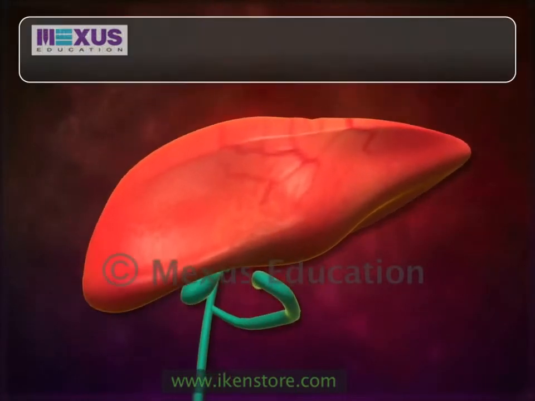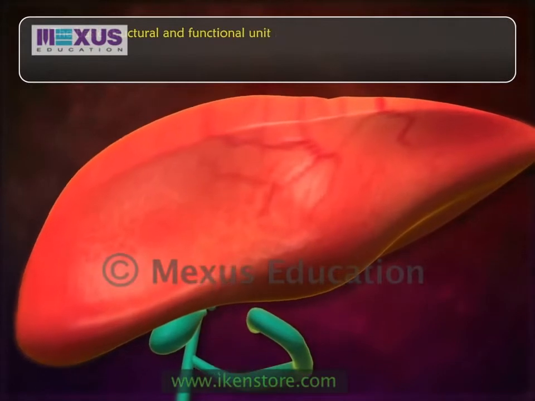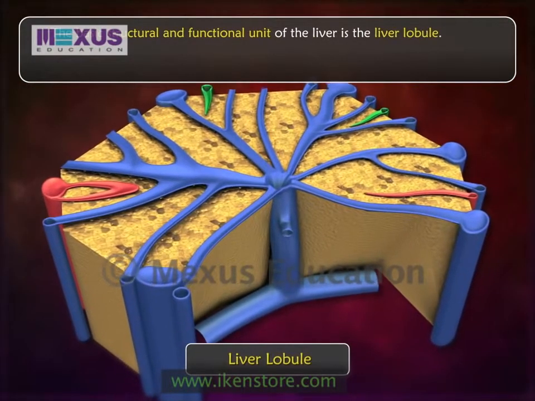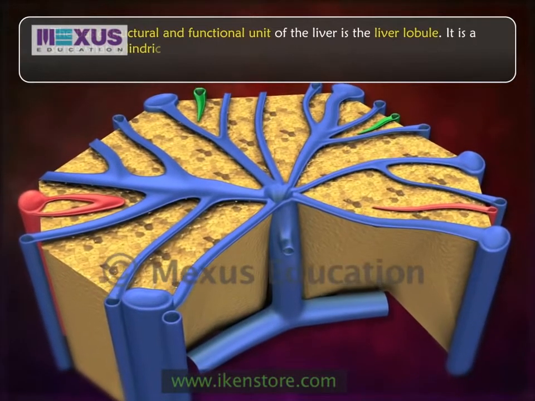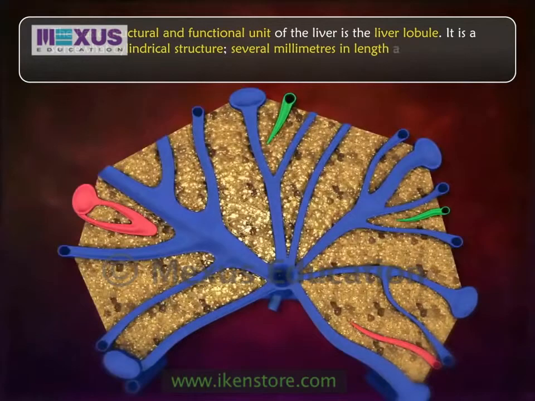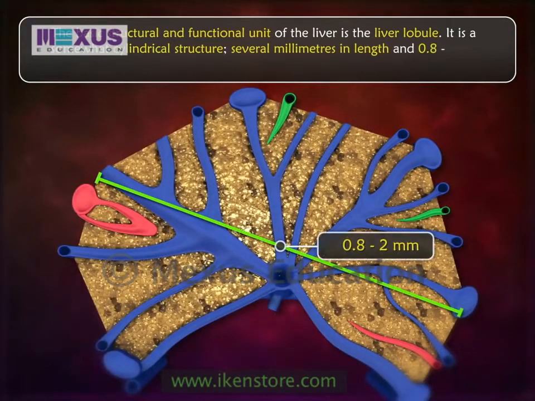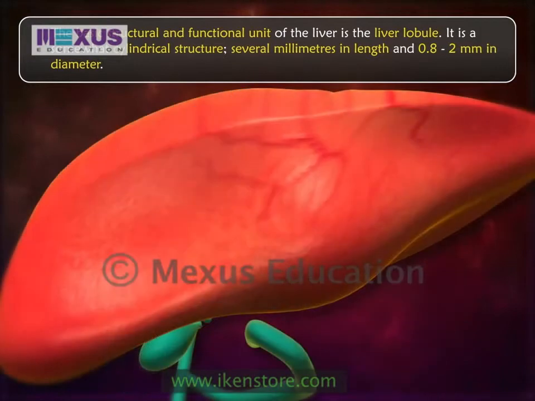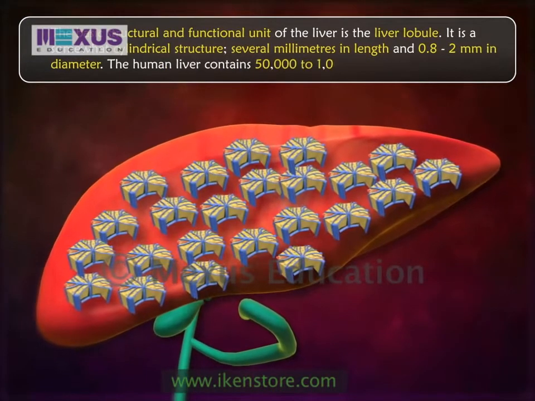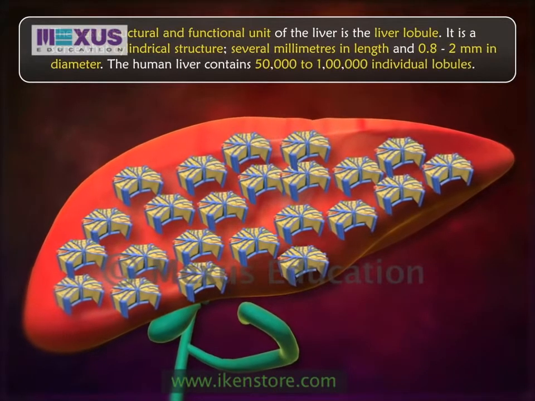The basic structural and functional unit of the liver is the liver lobule. It is a somewhat cylindrical structure, several millimeters in length and 0.8 to 2 millimeters in diameter. The human liver contains 50,000 to 1 lakh individual lobules.